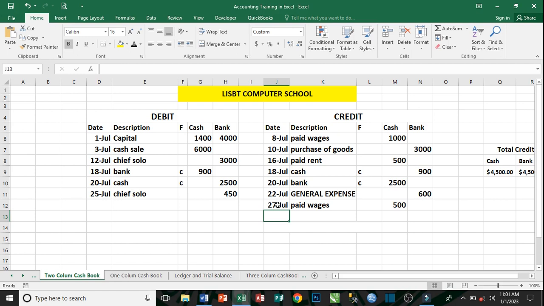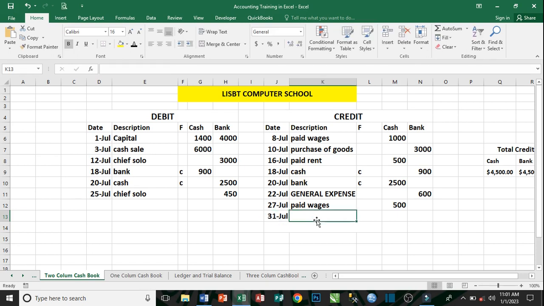Now the last question says on July 31st, we purchase goods by check. That means we'll record it on the bank side. We purchase goods, that is spending. If you purchase goods, you just spend the money. So we say July 31, 2022.